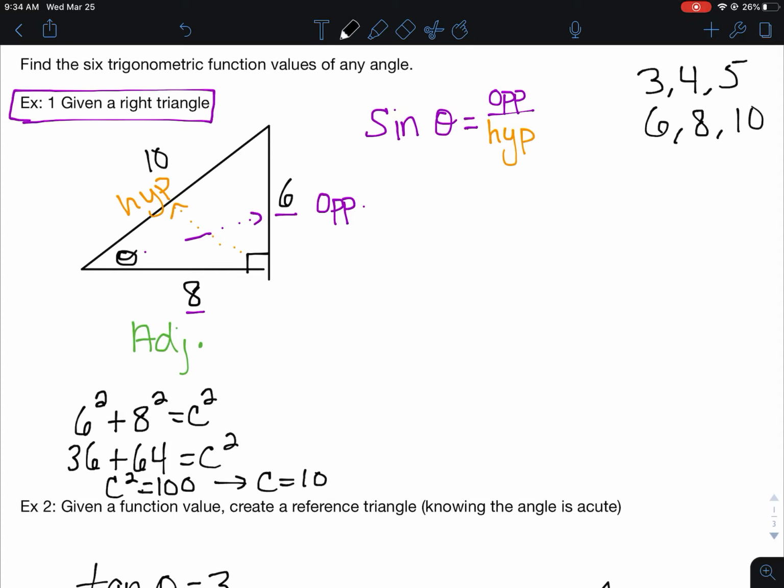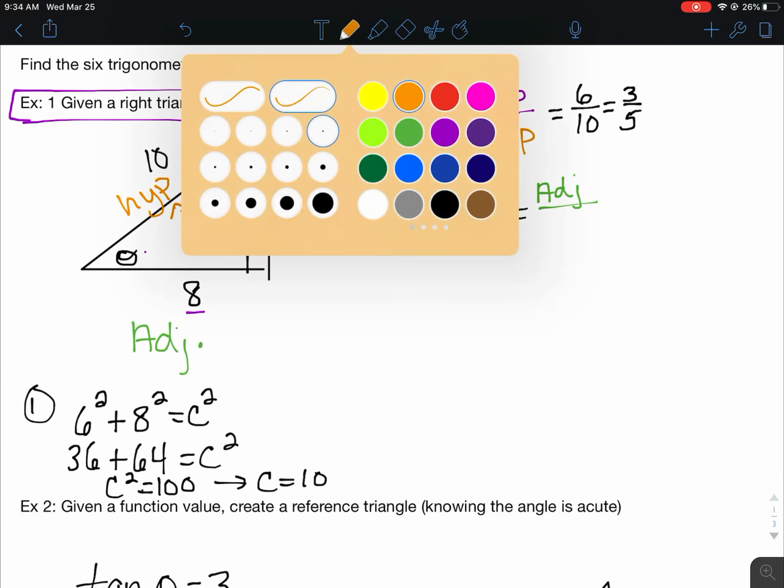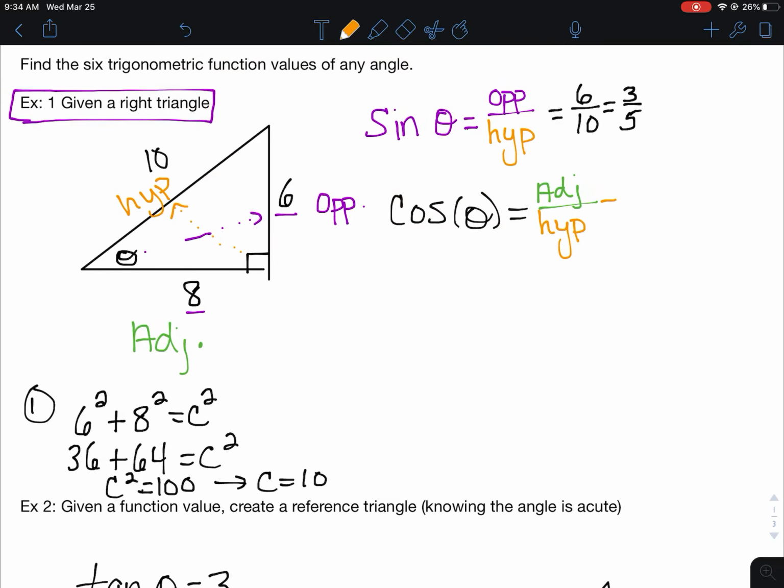Okay, so now that I know all 3 sides of the triangle, that's step 1 really. Then I can go ahead and set up my different functions. Well, sine is opposite over hypotenuse, so in this case it would be 6 over 10 or 3 over 5. All right, so that is the first function value. Then I want to go and find the cosine of theta, which is the adjacent side over the hypotenuse.